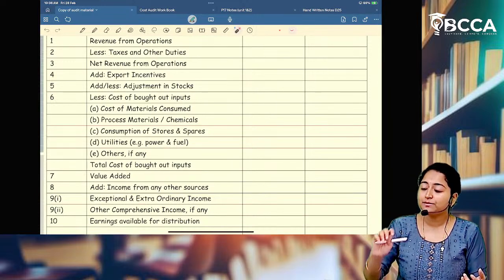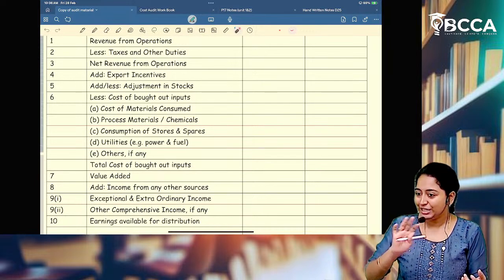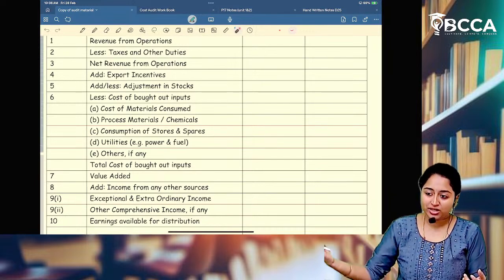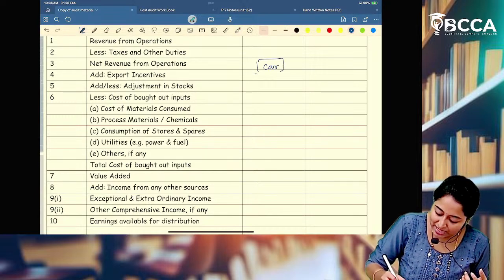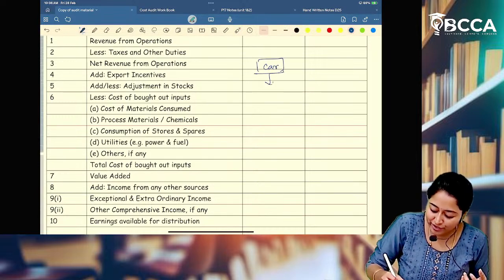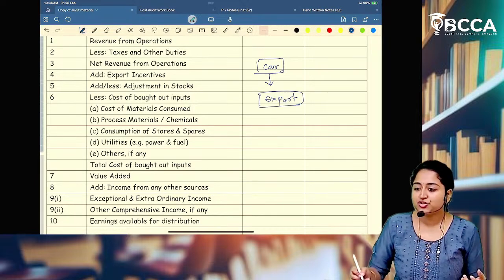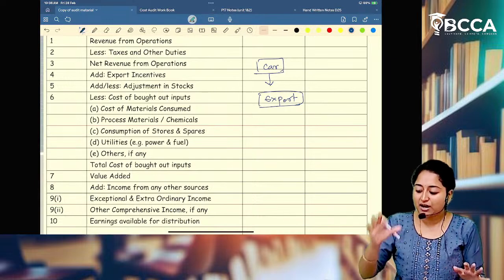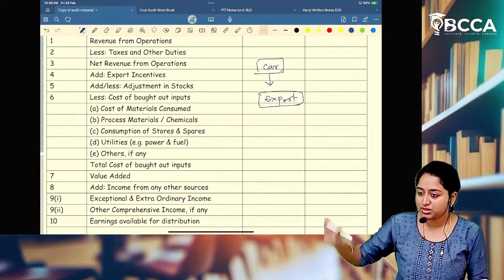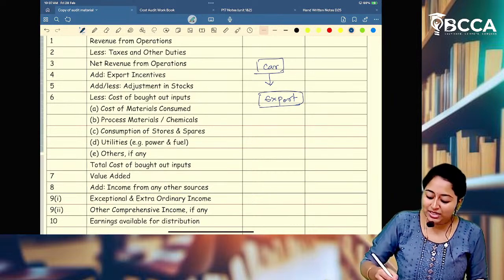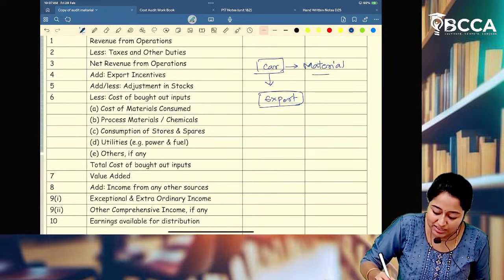And for some kinds of goods, for example, there is a car. This car is being manufactured for export purpose. I am manufacturing this car keeping in mind that after completion, it will be exported to the outside world. But whatever material I am using for this car is not available in India.